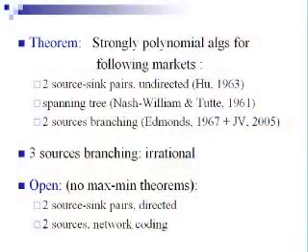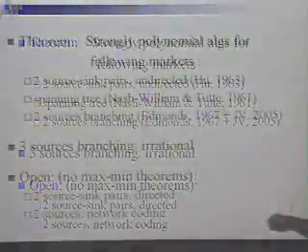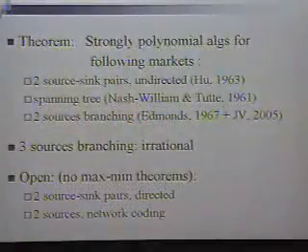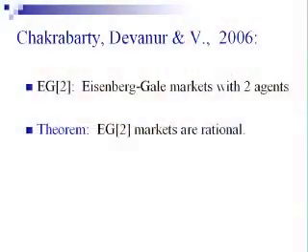And then there were these two markets, two source-sink pairs directed graph and another market for which we knew there were no Max-Flow Min-Cut theorems and we couldn't get irrational examples either. Okay, but earlier this year, together with two students, Chakrabarty and Devanur, we showed that these markets are also strongly polynomial.